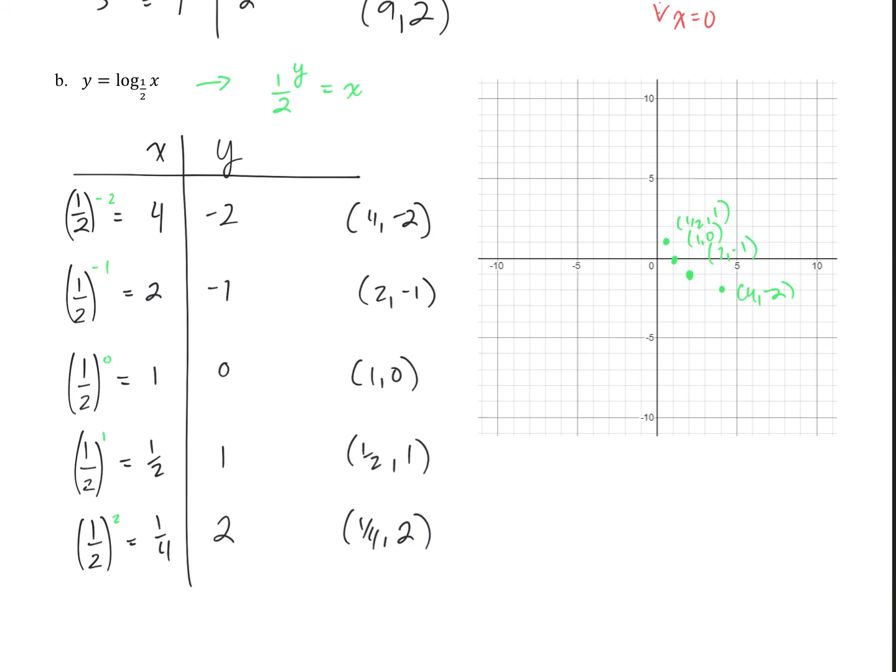And then 1/4, 2. Notice this one is actually heading the opposite direction than the one we've graphed previously, which kind of makes sense because this one is a fraction and the other one was a whole number base. Once again, we're going to have our vertical asymptote at x equals 0 because we don't have any numbers being added or subtracted to our actual logarithm here. So our vertical asymptote is going to stay where it is.